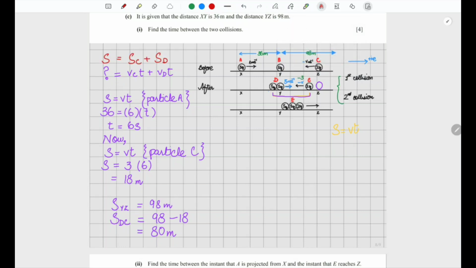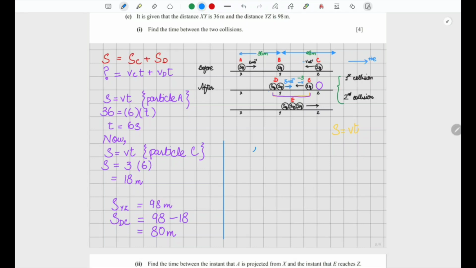Okay, this is your actual equation in which you will be substituting all the workings. I am not doing it somewhere else, I am doing it on the same page. So now apply this distance. This is the distance that D and C have to cover. In which time? You need to find that time, because you need the time between the two collisions.